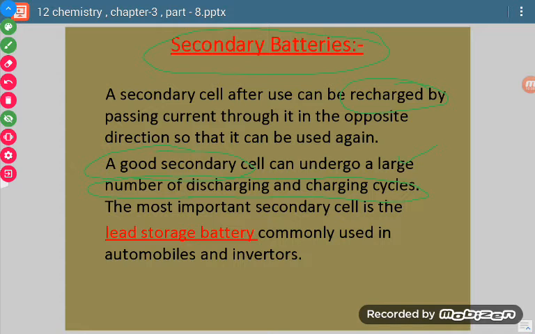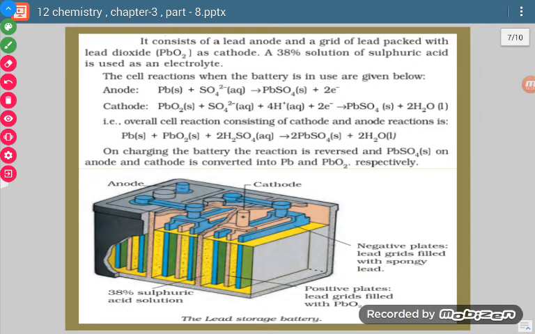So a very important battery first of all is the lead storage battery. This is a secondary battery, meaning it is rechargeable and it can be used again and again. Now let us discuss the lead storage battery.